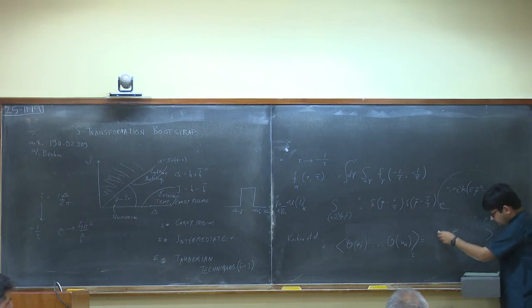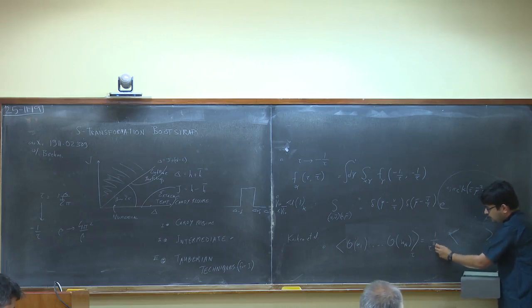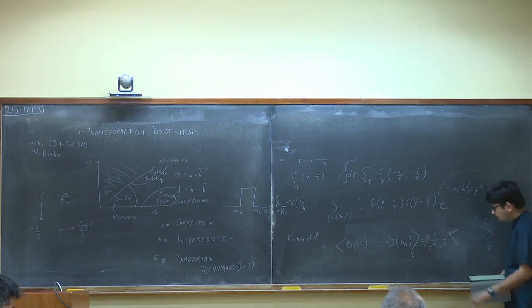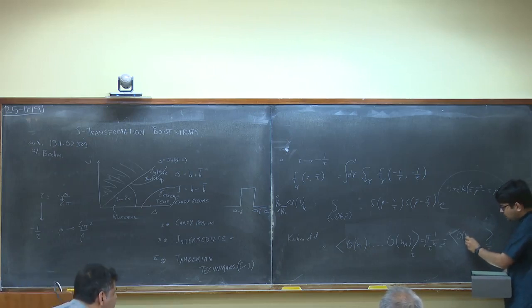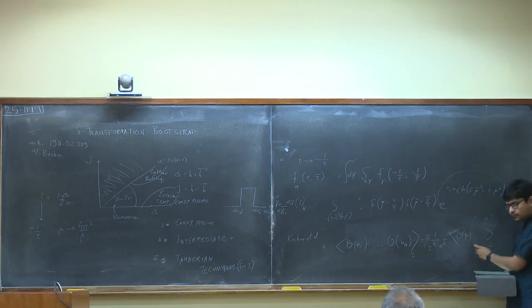But now there are some factors: 1 over tau to the power h_i, tau bar to the power h_i bar, product over i's, and also these coordinates transform. I am writing only the holomorphic part.